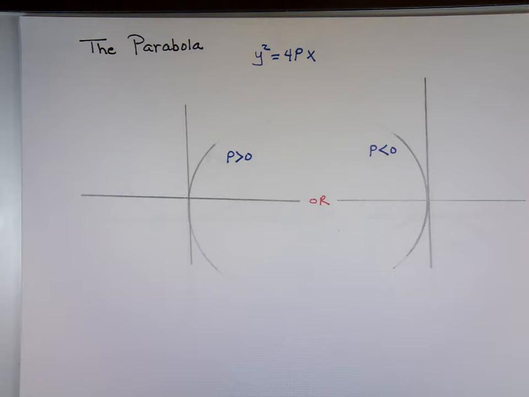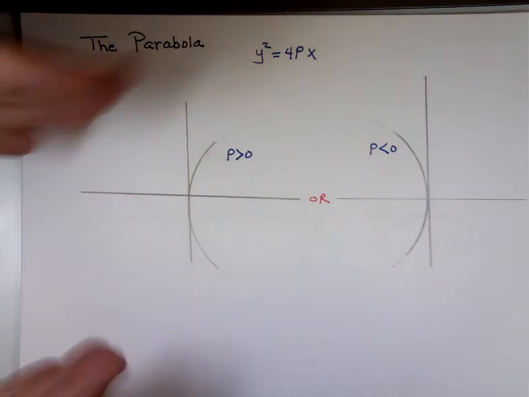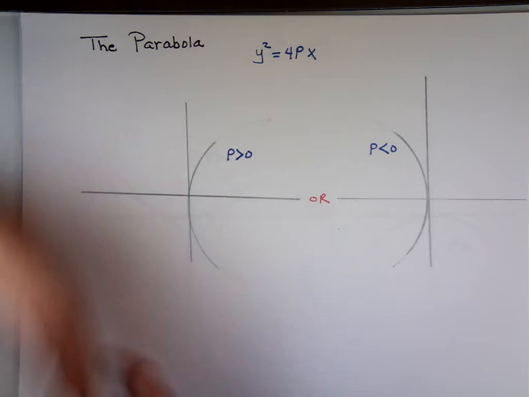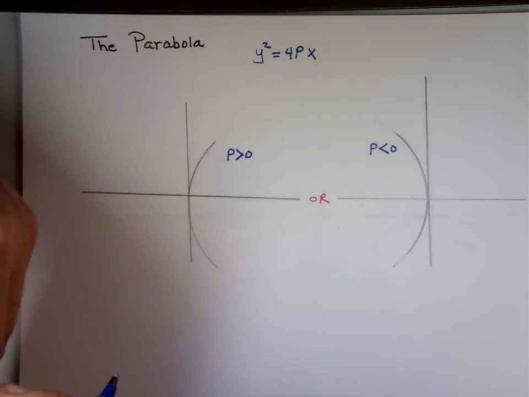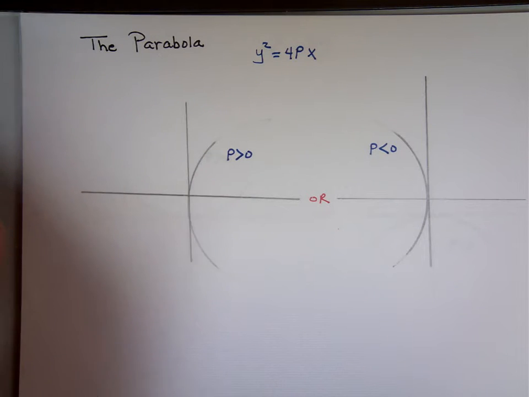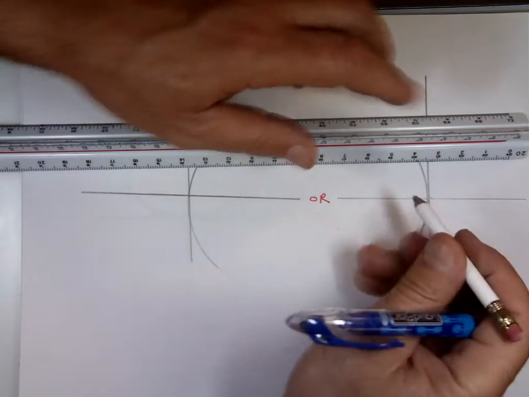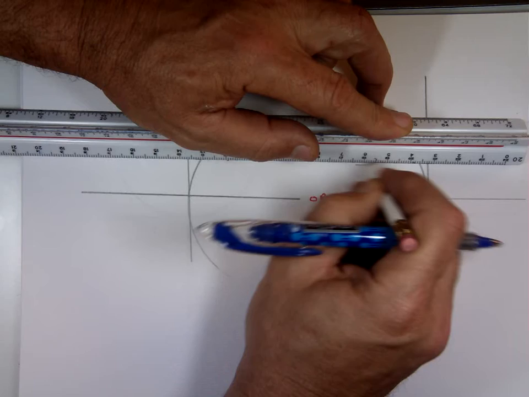Now, what is p here? I keep talking about p, p, p. If this is a mirror and you shine a light at it, what will happen to the light? It will reflect. Right? If you shine light at this one, I'll draw a couple of beams at it. Let's say this is a flashlight, you shine it at that.